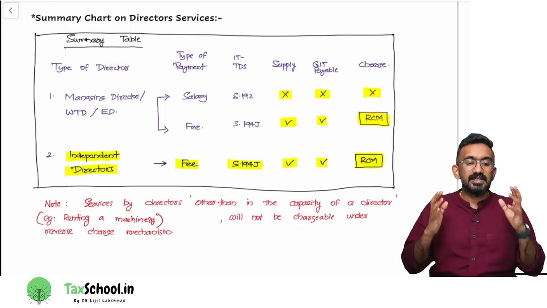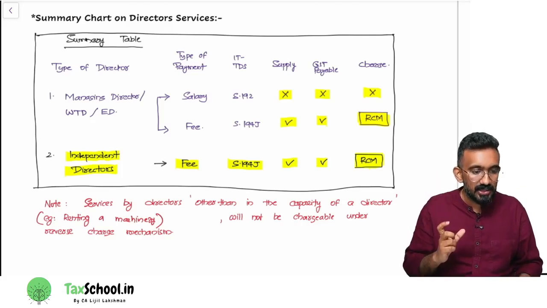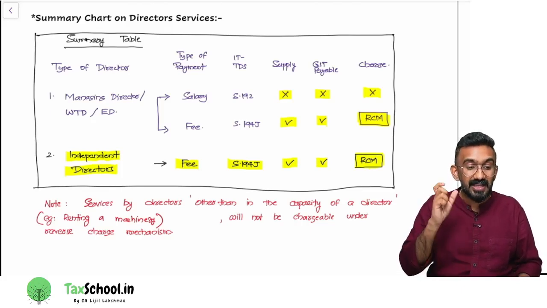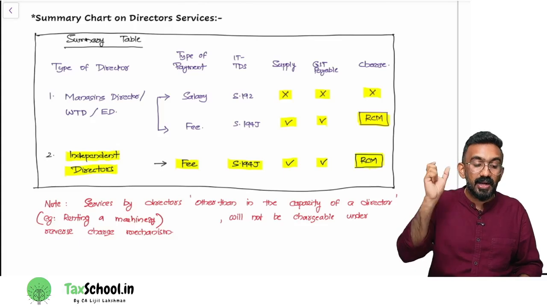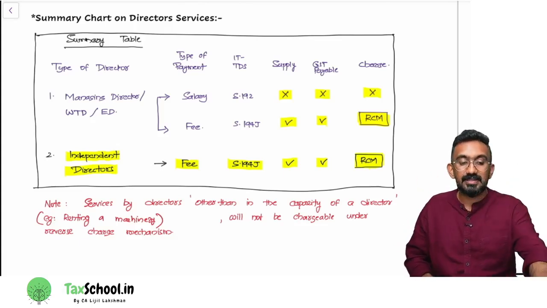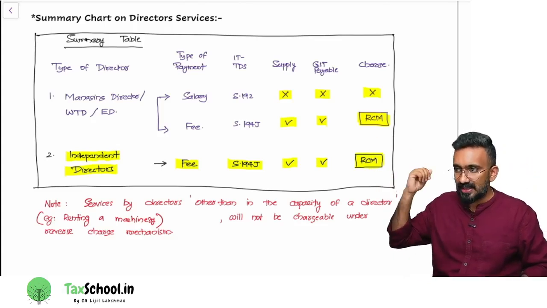If the TDS is deducted by the company under 192, what is the meaning of it? Is it salary or is it a fee? It is salary, because income tax section 192 is about TDS on salary. But if it is a fee, they would have deducted TDS under which section? 194J.